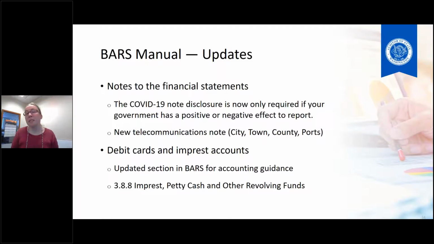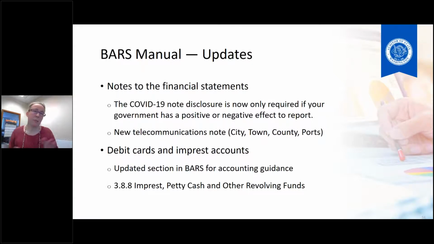Examples are a continued significant loss in revenue. So if you have not been able to run your event center, if you are a government who has an event center because of the COVID-19 restrictions, or you can't have as many people at your events, and that has significantly lowered your revenue, you may still be required to have a COVID-19 note.